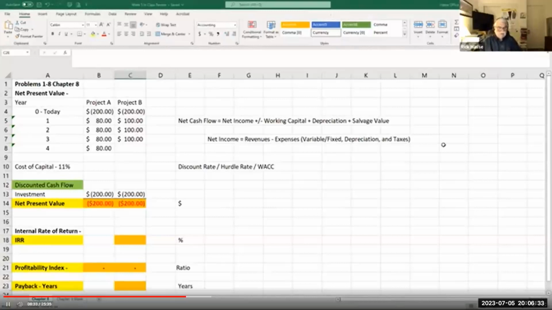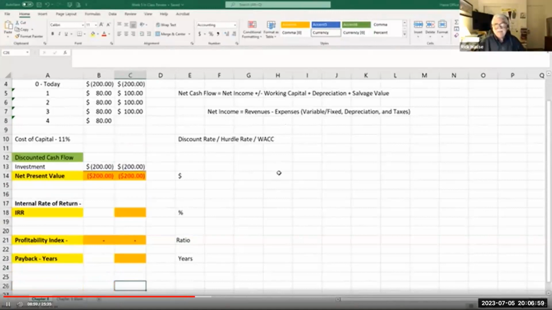Okay, this is Chapter 8's problems 1 through 8, which we just saw in the textbook. I've set this up in a spreadsheet, and all our work in this regard will be done on spreadsheets. So first of all, I've set up Project A and Project B. There's the $200 investment today in year 0, and the generated income or cash profits for 4 years, for 3 years.